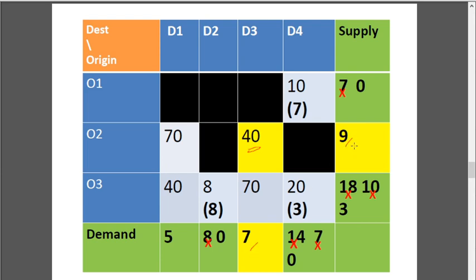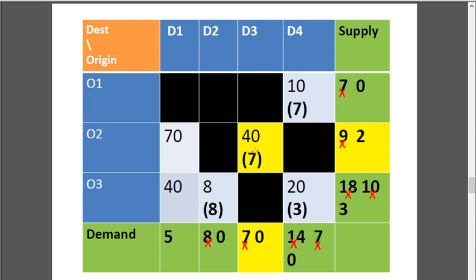So I can allocate 7 units here. So 7 units have been allocated. 9 minus 7, the remaining supply is 2 here, and 7 minus 7 becomes 0, the demand becomes 0. And delete the respective column cells as the demand becomes 0.